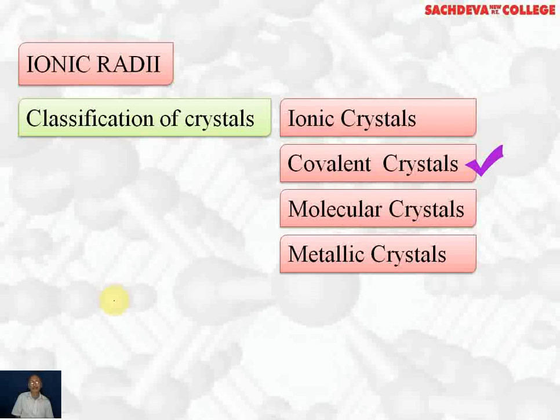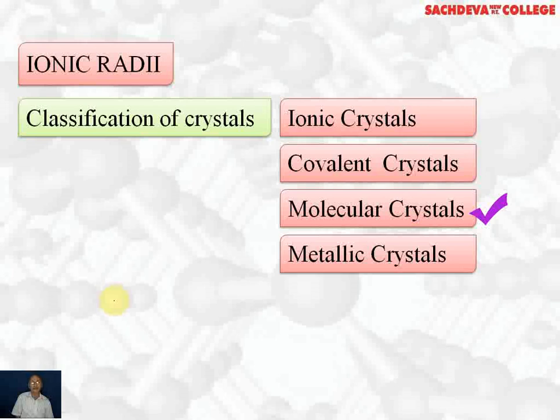The third, we are going to take up molecular crystals. In molecular crystals we have molecules which are held together by weak van der Waals force of attraction. These crystals may have dispersion forces, dipole-dipole attractions, dipole and induced dipole interaction, induced dipole and induced dipole interactions. Even hydrogen bonding can also be present.